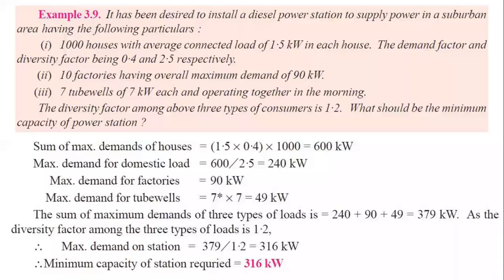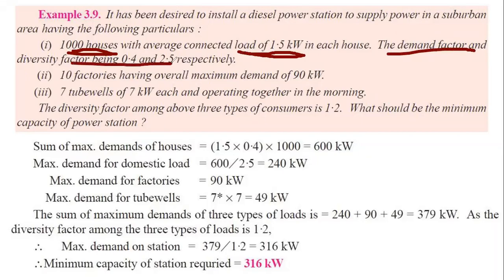To build a diesel power plant, how many loads are available in that area? That is given. The first one is 1000 houses, and in every house the load is 1.5 kilowatt, and their demand factor and diversity factor are given.